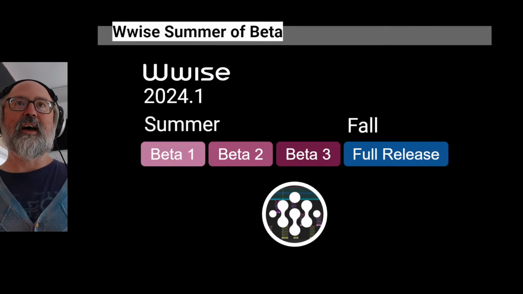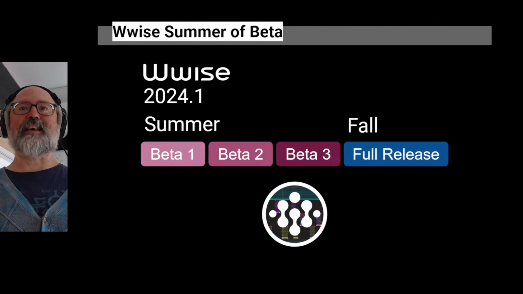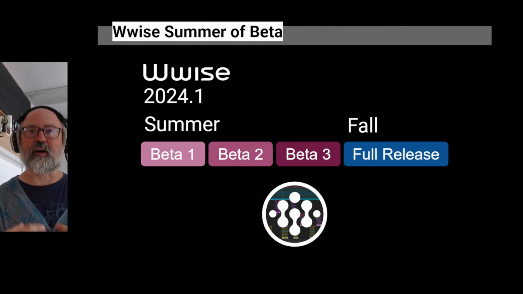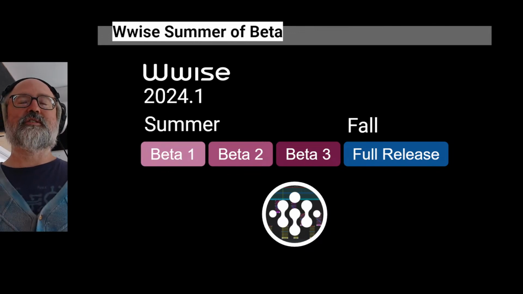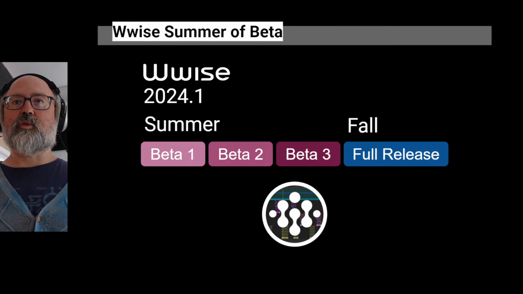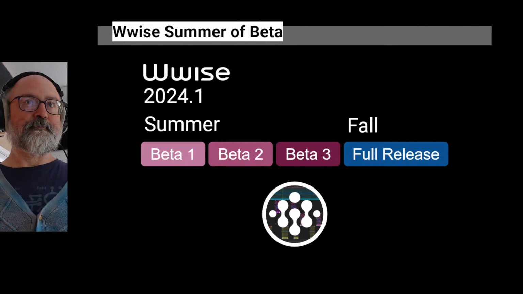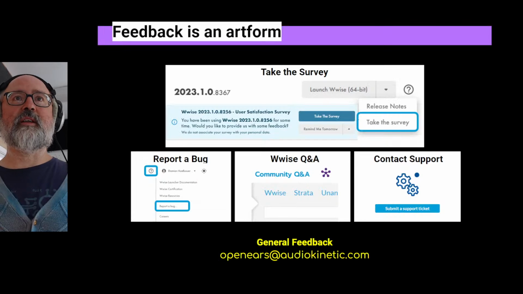We have been out there with the first and second beta releases. These are an opportunity for us to continue evolving the work that we're doing towards the full release of 24.1 in the fall. And it's been super fun.